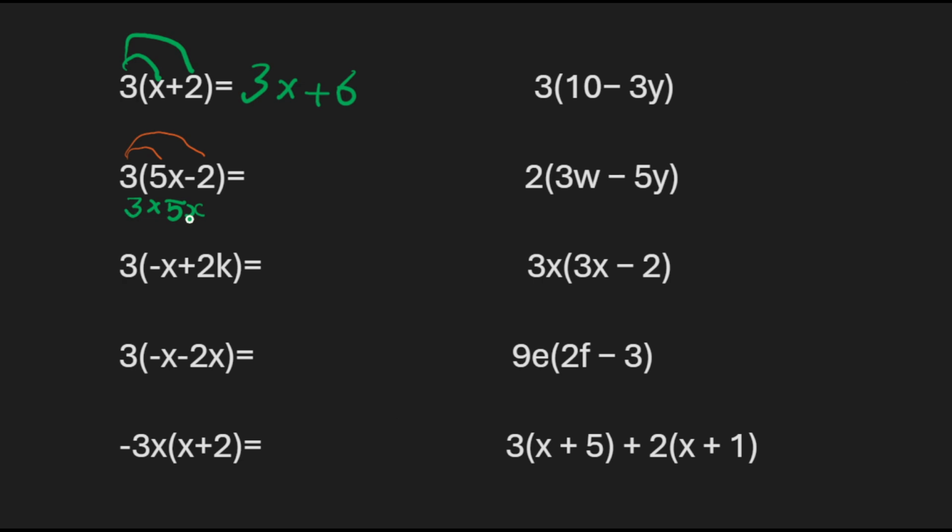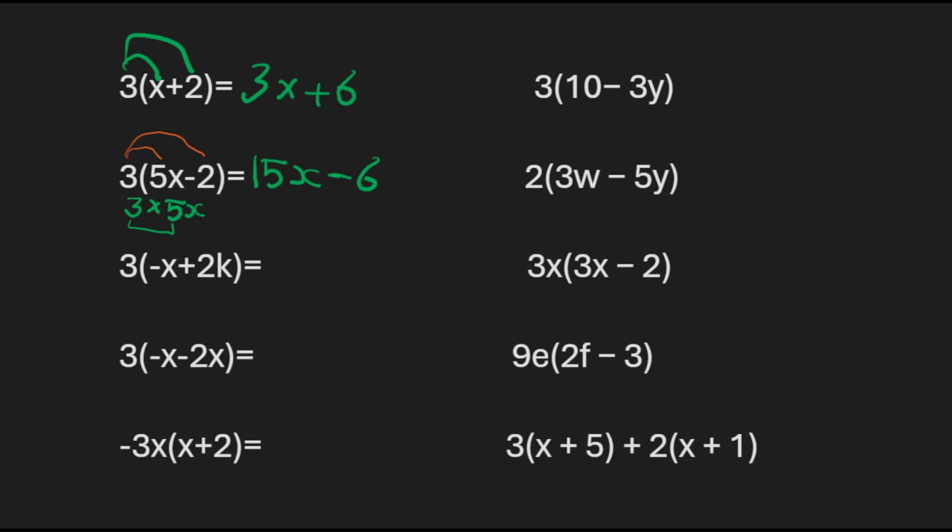In such a case, you will do 3 times 5 and then just bring down the x. So 3 times 5 is 15, so it's 15 and then just write the x. Because the sign is minus, I'll just do minus. 3 times 2 is 6. We finished with this question.